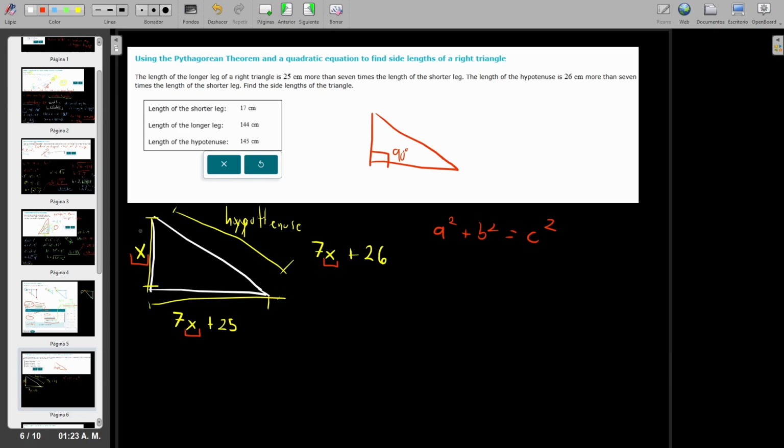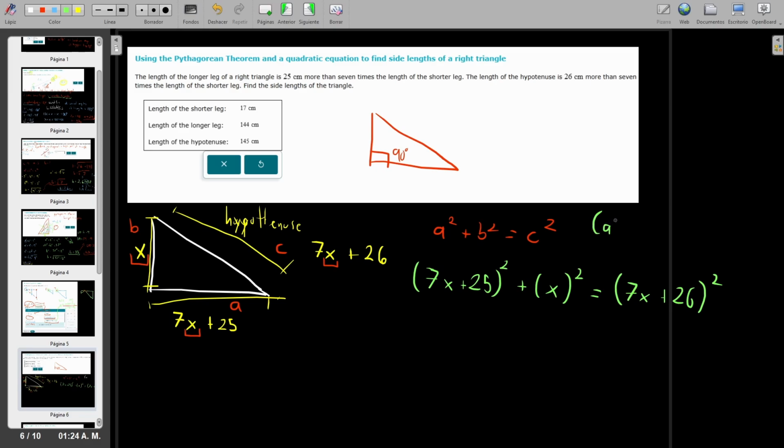Now a squared is going to be this one, a squared plus b squared, and remember the hypotenuse is always going to be c. Now a squared is going to be 7x plus 25 squared, plus the value of x, which is x squared. It's going to be equal to 7x plus 26 squared. You remember how to solve this?